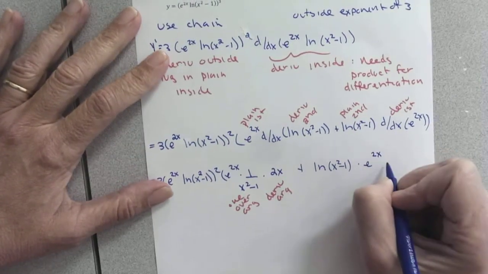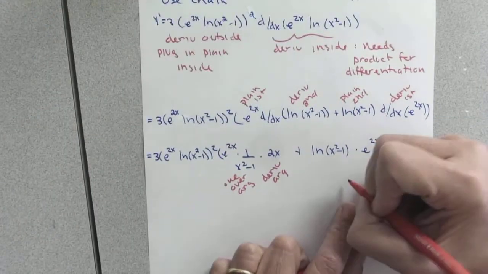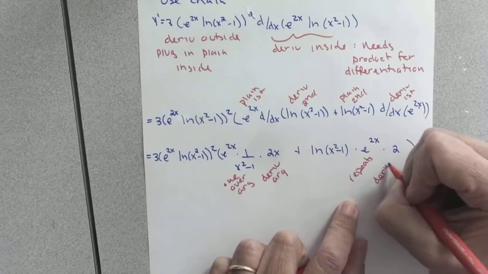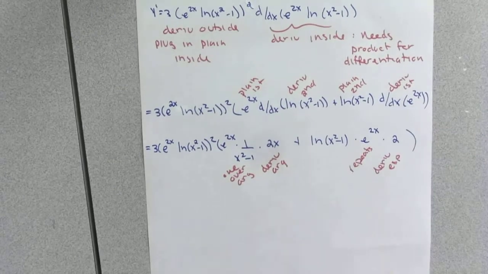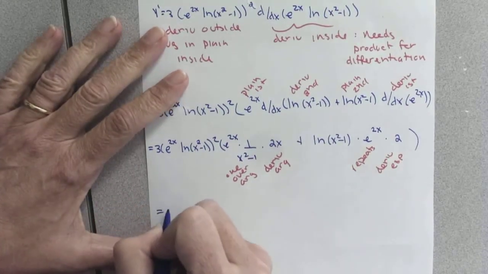It's been a while, but it's repeats, derivative of the exponent. You need to know all those basic things that describe how to differentiate. Product rule, quotient rule, chain rule, natural exponential repeats, derivative of the exponent, natural log, 1 over the argument, derivative of the argument. And now simplifying.